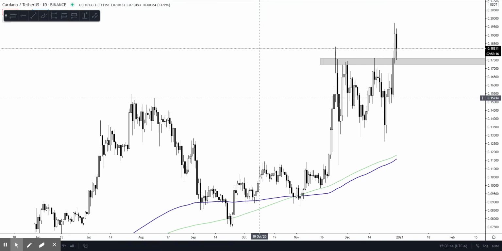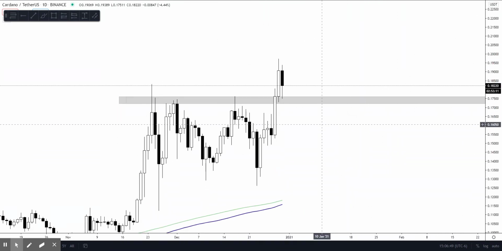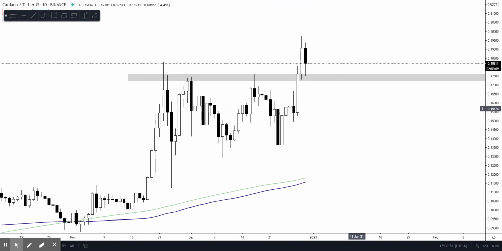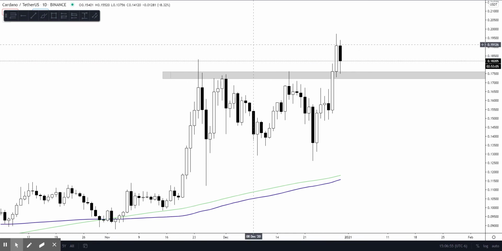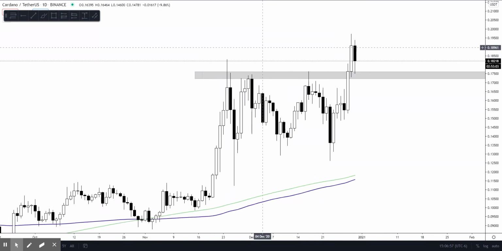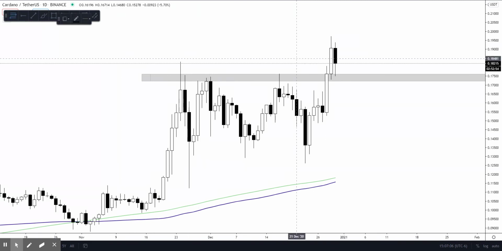So it looks like we just broke above that daily supply zone, and we're currently bullish retesting it on the current daily candle. So now I would be looking for targets. If this bullish retest holds and continues upwards, where can I target? The first thing that jumps to mind is I want to draw some fibs.